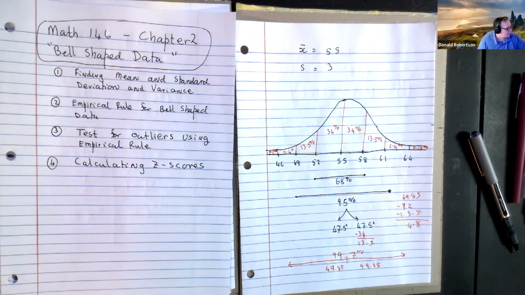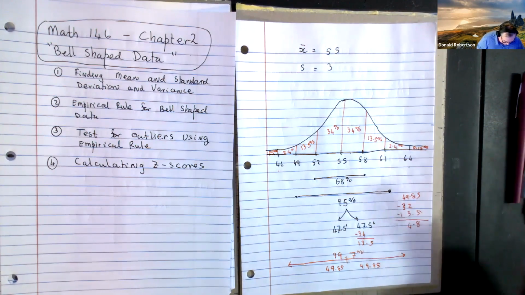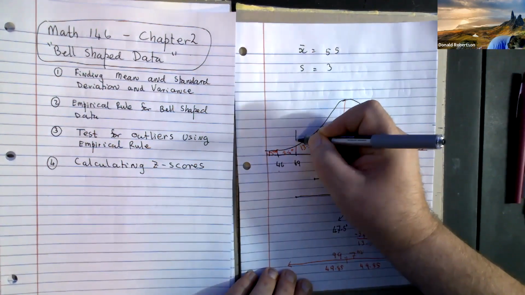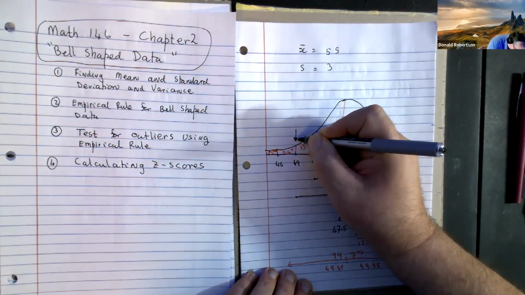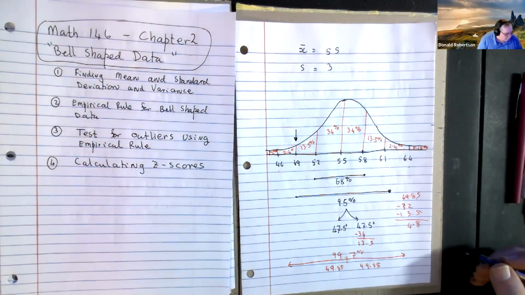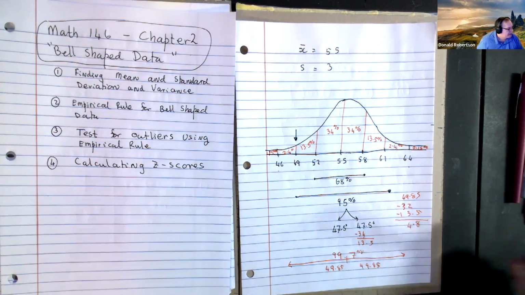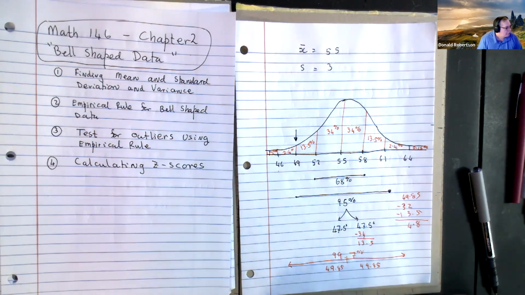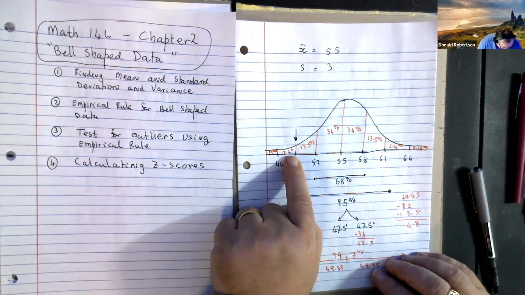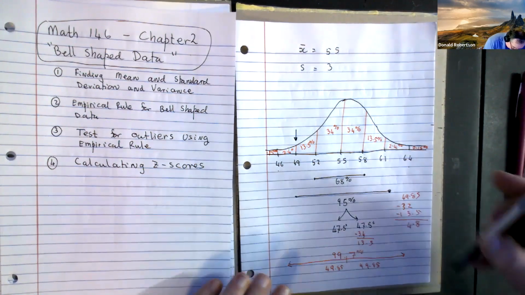Now, all that hard work was just for this question. Explain whether or not it would be unusual to have a 49 centimeter head circumference. If you look at 49, it's here. So what percentage of people would you expect to be in that range, or smaller? 2.4, that guy.